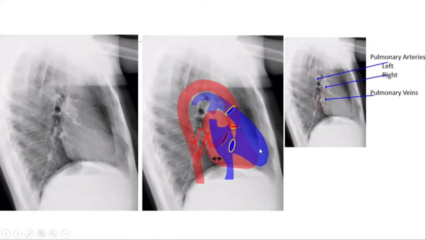This is the right ventricle, this is the left ventricle, this is the right atrium, this is the left atrium. Always remember that the left atrium is the most posterior chamber of the heart, and this is very important while studying pathology in which the left atrium is enlarged, and you shall be able to note the differences in the lateral and PA view of the chest about the left atrium. It is very difficult to note the structural changes associated with the left atrium.